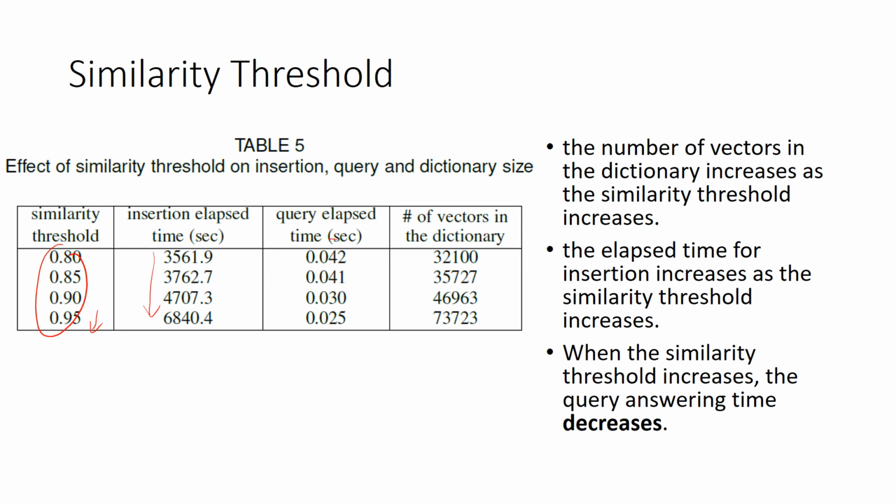And in terms of the query processing time, they are quite similar, but in general, the higher similarity threshold results in faster query response time. This is because the pruning techniques will be more efficient. So this is also intuitive. The dictionary size would be larger if the similarity threshold increases.